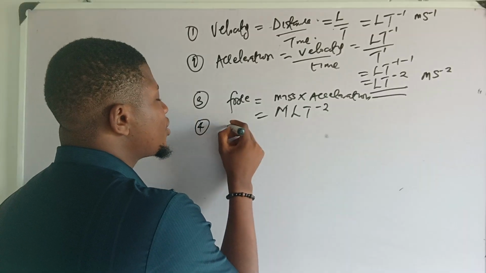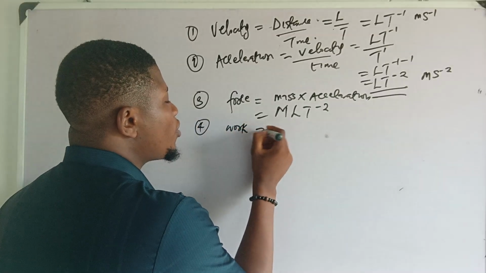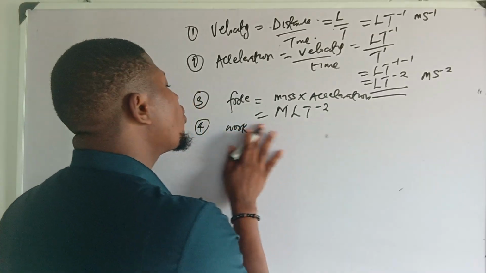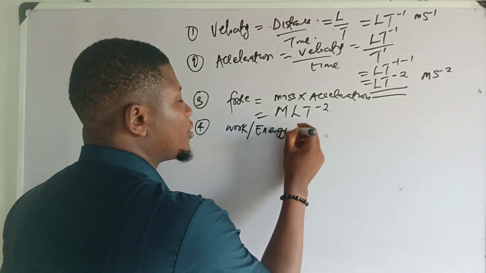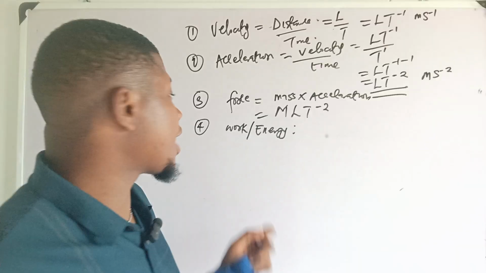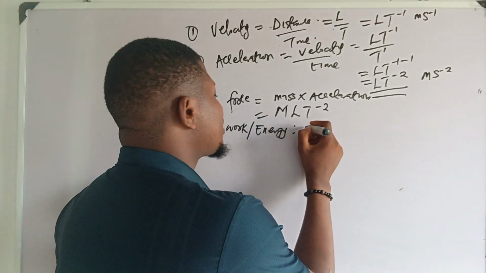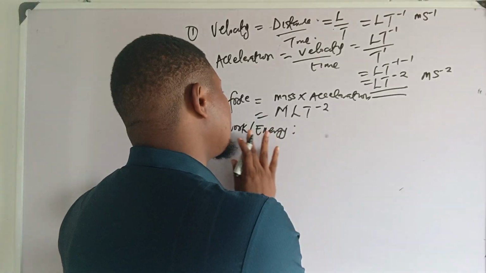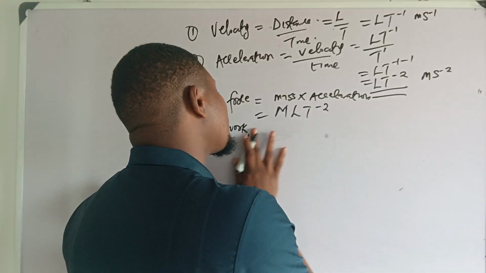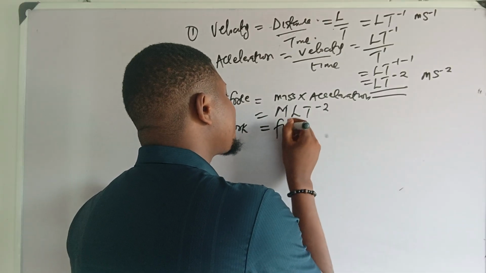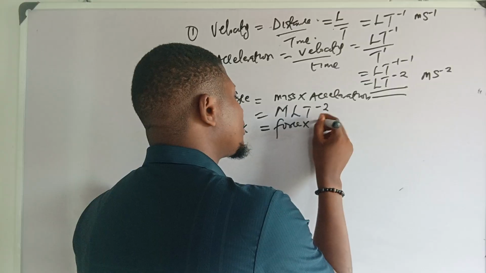Then number four is work, or work done. Work and energy, whether kinetic or potential energy, are used interchangeably. Work is force times distance.